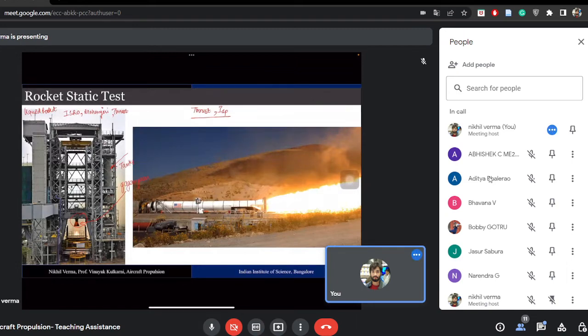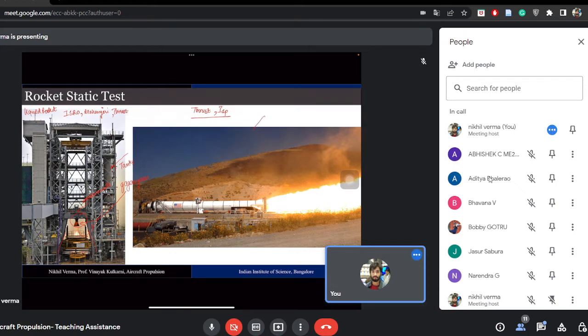And you have some open area where the exhaust can go. So this is how you do a static rocket test, a rocket thrust measurement. You have measurements for thrust. You can measure the chamber pressure and other stuff.